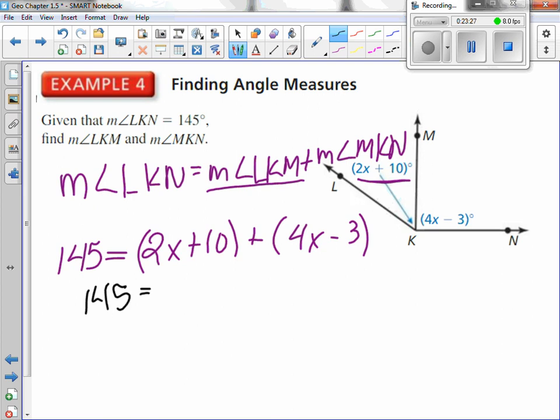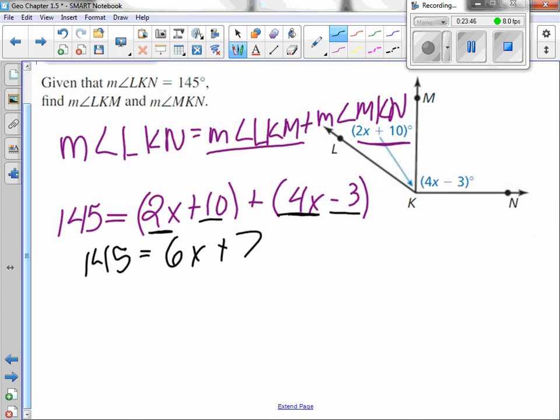So that was our geometry step, yes? Welcome back to Algebra 1. We're going to combine like terms. So what are our like terms? 2x and, which is? 10 minus 3 is? Now what do we do?